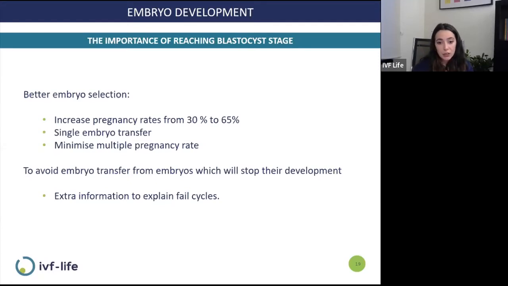This selection encourages single embryo transfer, which has decreased the multiple pregnancy rates. And long culture has also avoided transferring embryos which will not divide further in the development. And also, which is very important in some cases, it will help to understand failed cycles by giving the opportunity to obtain more information with regard to the embryo quality.